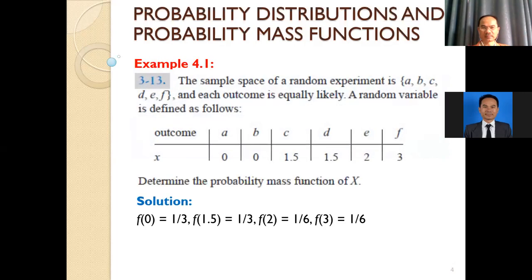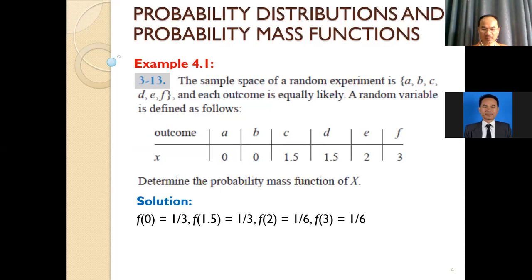This is the definition. For example, in this case, we have the sample space of a random experiment. We have outcomes A, B, C, D, E, F, and the outcome is like the random variable.